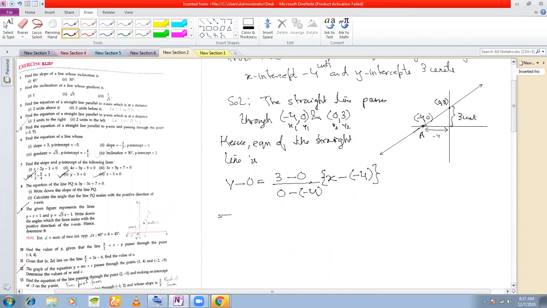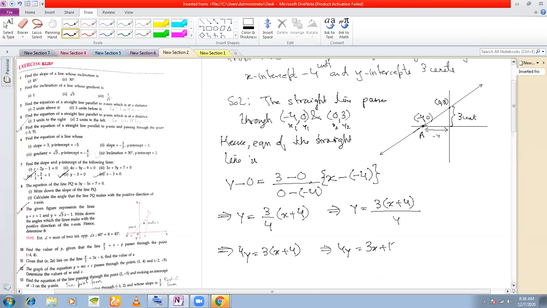Now just simplify, you'll get y is equal to 3 by 4 into x plus 4. That means y is equal to 3 times x plus 4 by 4. Now cross multiply, 4y is equal to 3 times x plus 4, that means 4y is equal to 3x plus 12.